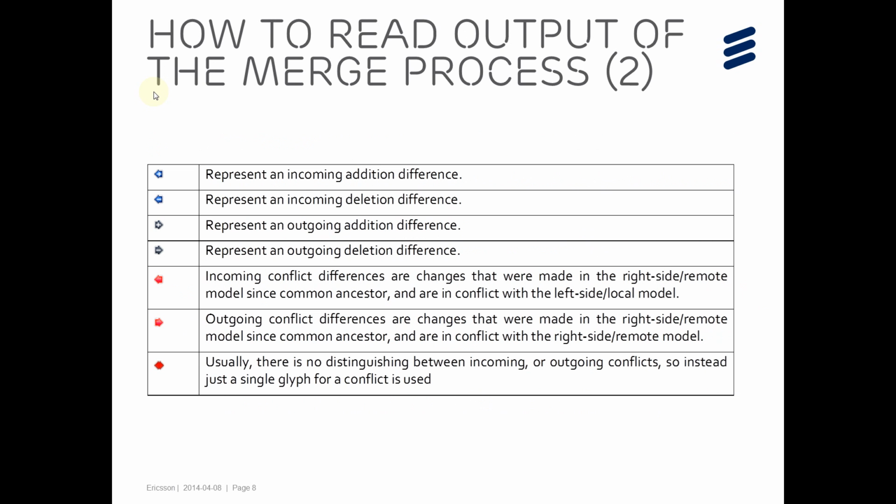To be more precise, we can also have red glyphs, which represent conflicts. What we usually in xtUML don't distinguish is between incoming conflict and outgoing conflict differences. So if we find out about a conflict, you usually only see this simple glyph.